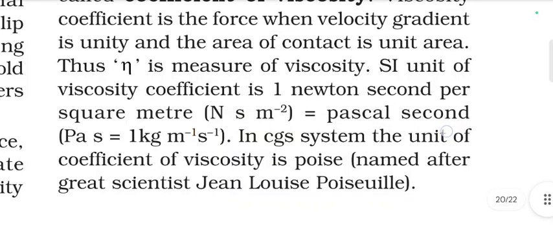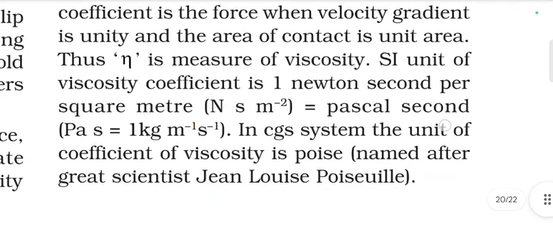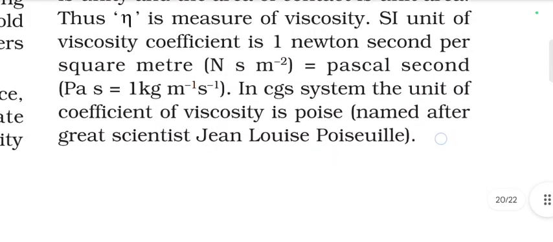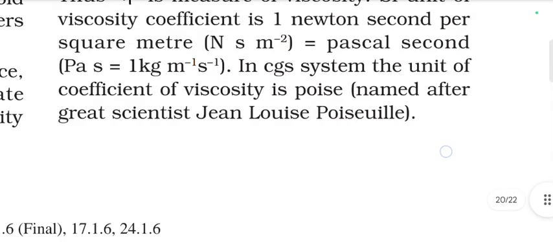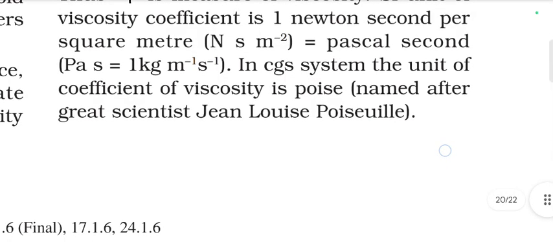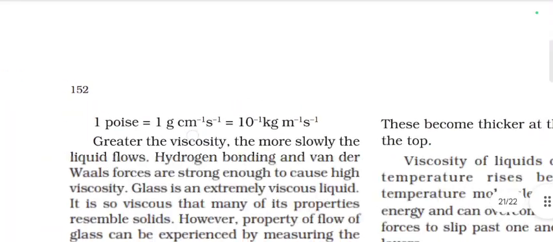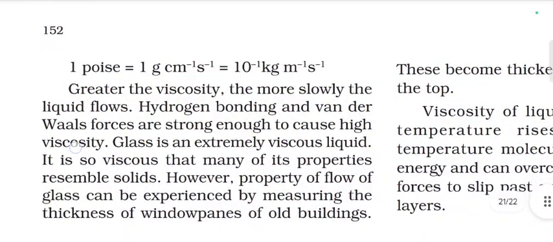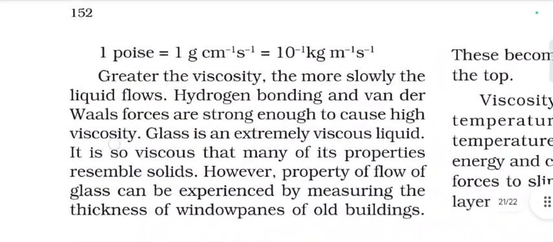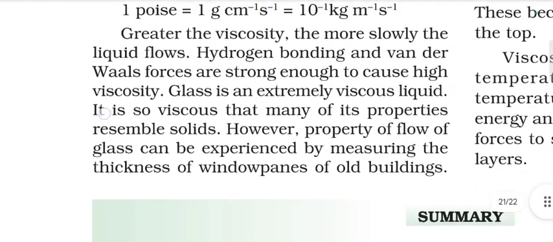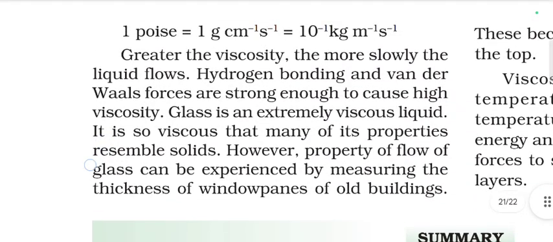SI unit of viscosity coefficient is 1 Newton second per square meter, which is equal to Pascal second. In the CGS system, the unit of coefficient of viscosity is poise, named after the great scientist Jean-Louis Poiseuille. 1 poise is equal to 1 gram centimeter inverse second inverse, which is equal to 10 raised to power minus 1 kilogram meter inverse second inverse.